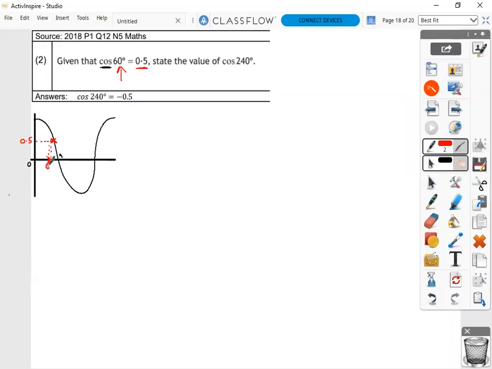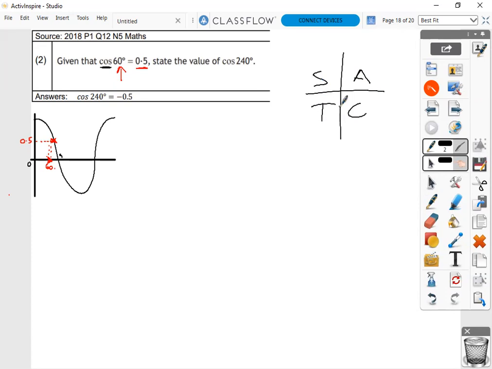0.5 and 60 degrees. So if cos 60 equals 0.5, state the value of cos 240. If we've got the answer in the first quadrant, we can then work out the answer in each of the other three quadrants by using CAST.